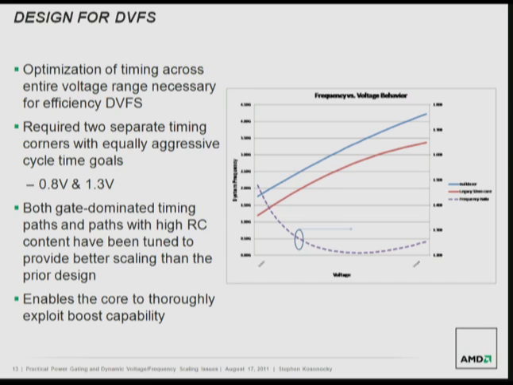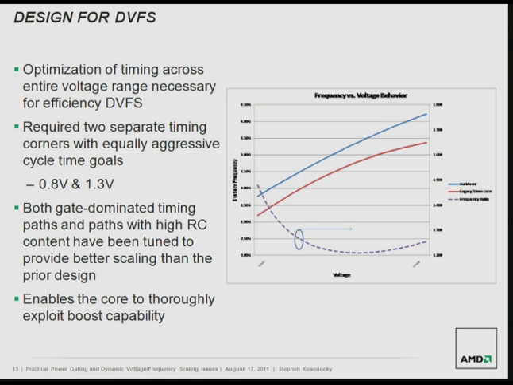we really want to optimize the timing across that entire voltage range. And what we've done for the Bulldozer core was really two voltage corners that we timed to, both at 0.8 volts and 1.3 volts. And when you compare how the timing was to an older core that was not tuned for full DVFS range, we've got a lot more frequency benefit at the lower voltages and the higher voltages for boosting states.